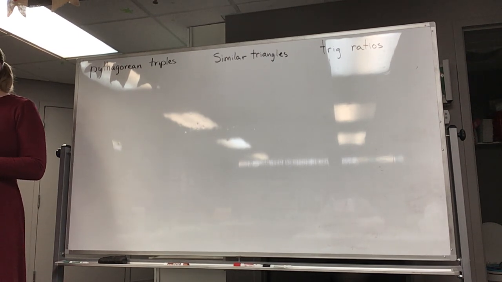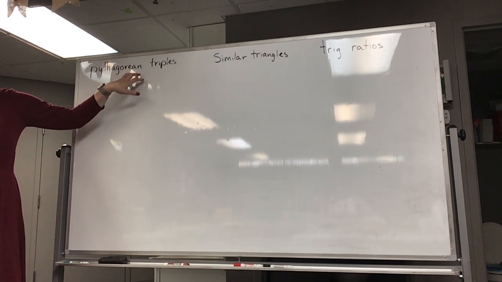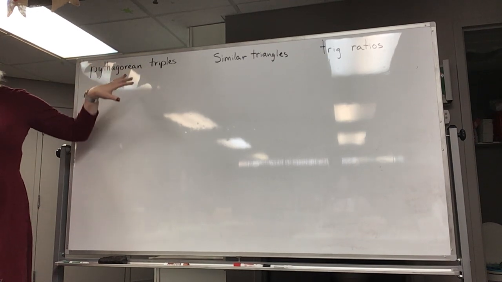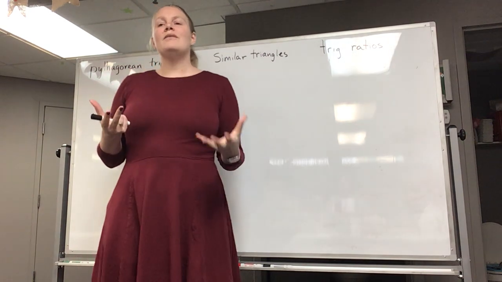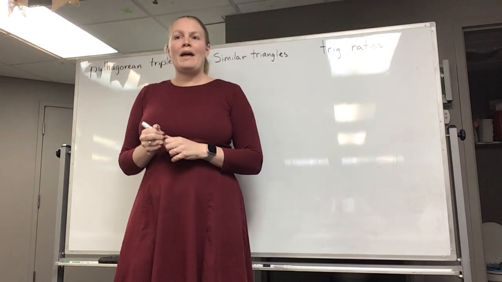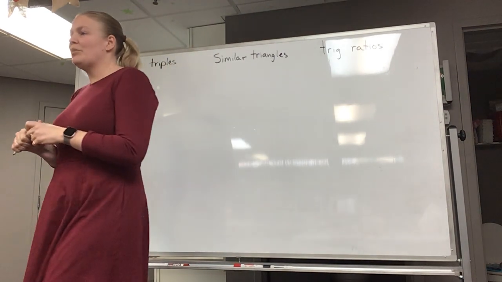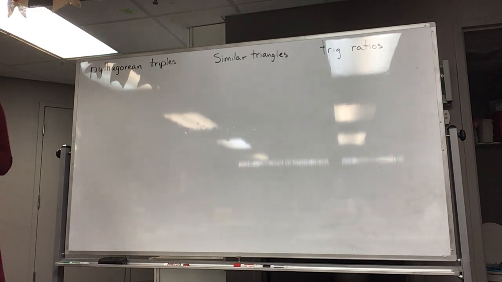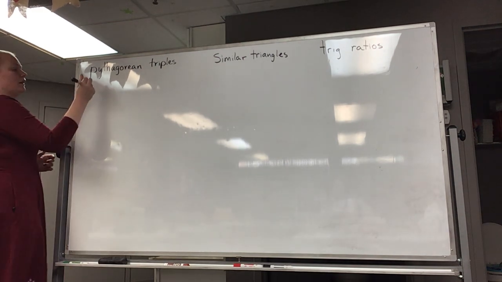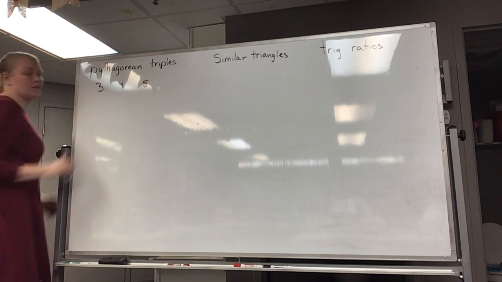When we talked about geometry, did I talk about Pythagorean triples? Pythagorean triples are whole numbers or nice, pretty, even numbers that work for the Pythagorean theorem. And the test likes them because it's not particularly interested in the answer, it's interested in the process. So the most famous one is 3, 4, and 5.